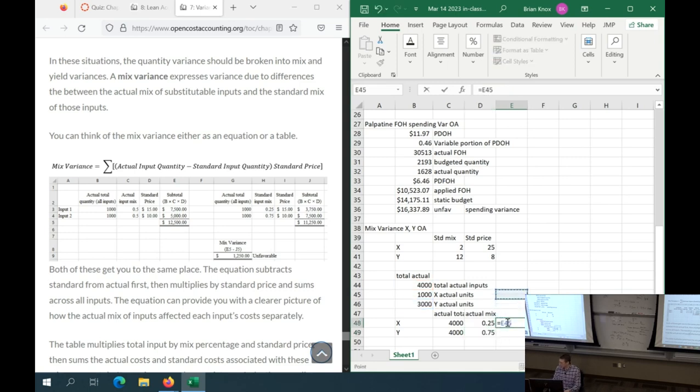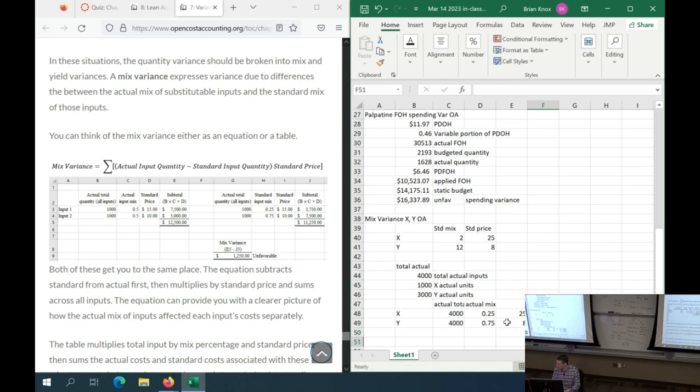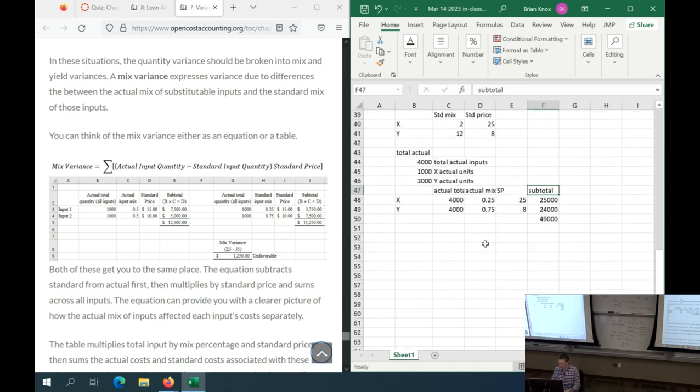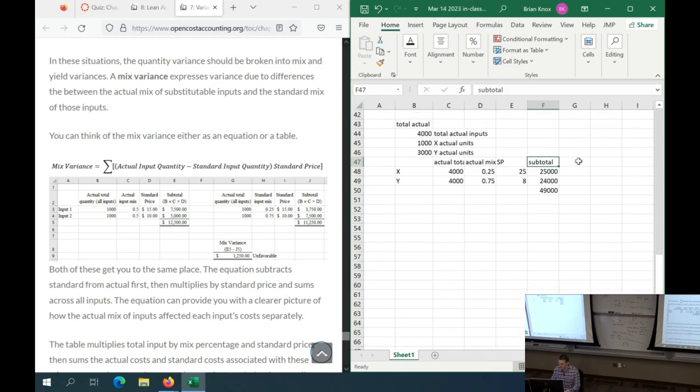Okay, and we can take the standard prices from this table right here and multiply that out. So at the actual mix, we're incurring $49,000 of cost. Now it's standard price, SP. And this is our subtotal based on that table.